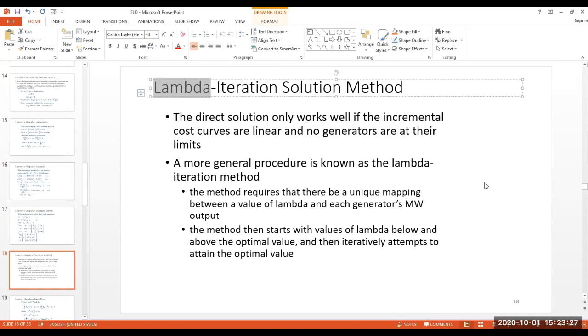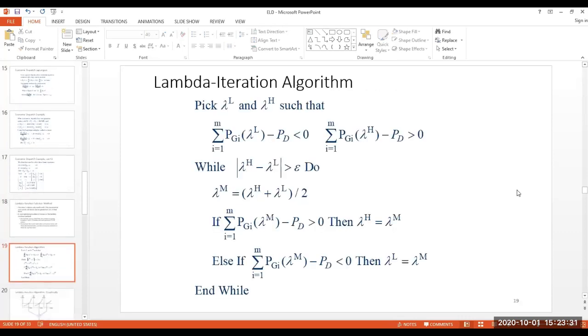Let's see how we do this in this slide. This is in short the steps of the lambda iteration algorithm. As you can see, very few steps are required. It's not a very long algorithm. Computationally, it's not very involved. Rather, it's a very simple technique.